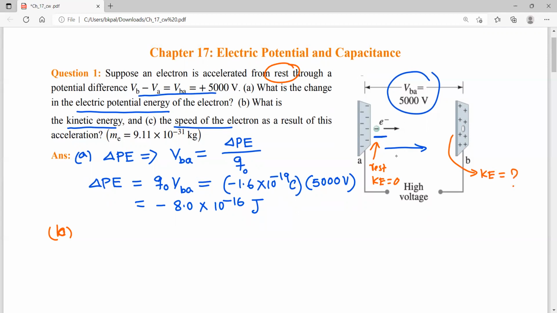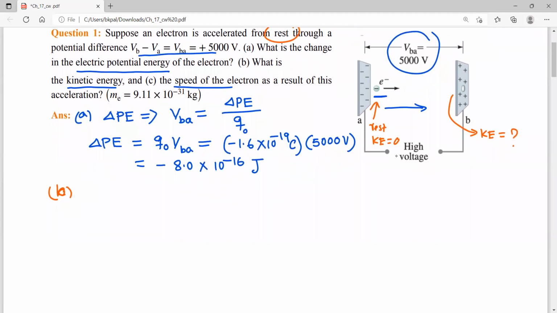To solve this problem, we have to go back to physics 1, where we learned conservation of mechanical energy. Conservation of mechanical energy tells us that the sum of kinetic energy and potential energy at any point is equal.